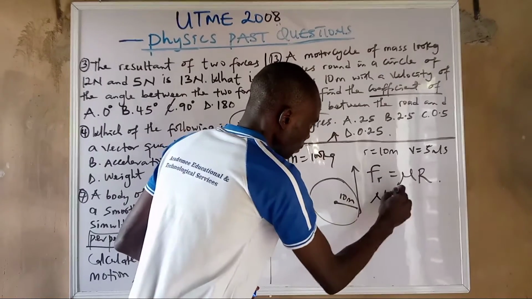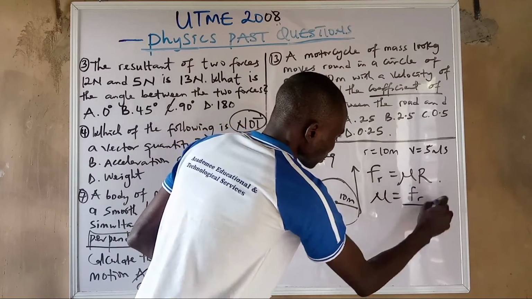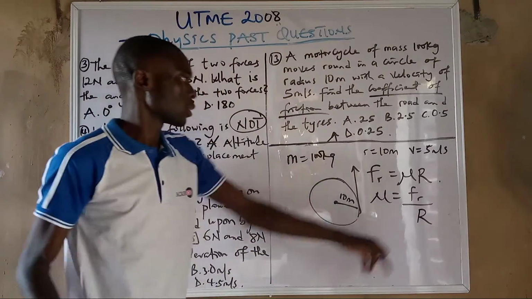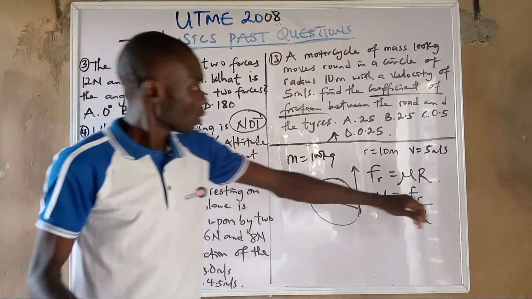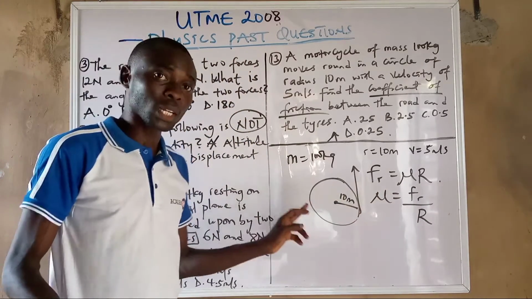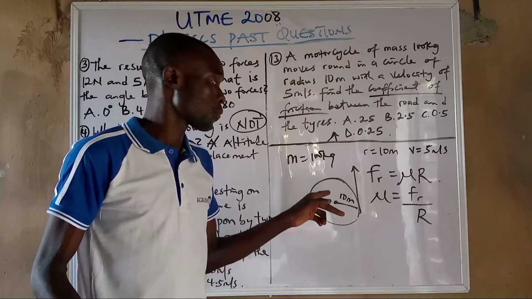So, if we make use of the formula, the frictional force goes over normal reaction. Now, the type of force that is occurring in a circular motion like this will be a centripetal force.